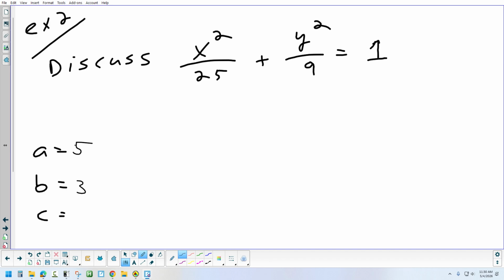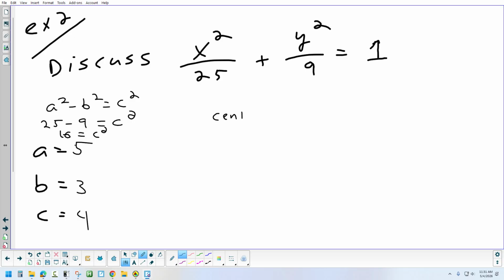A squared minus B squared equals C squared. So 25 minus 9 equals C squared. So we know C is 4. So let's write down some of the things we want to know.